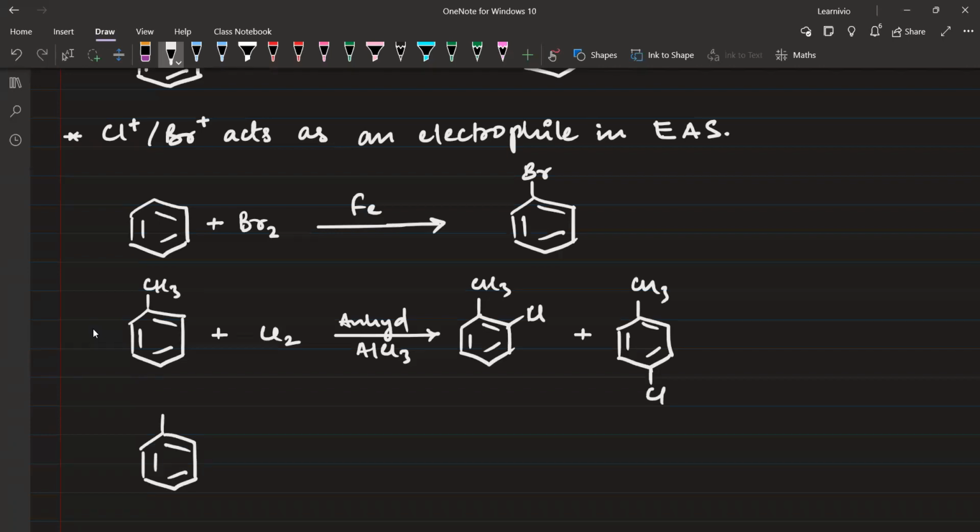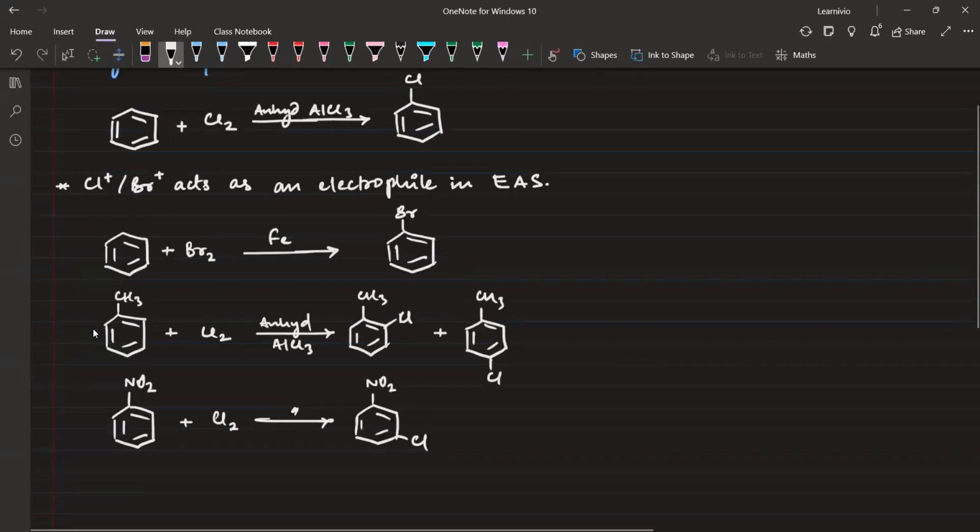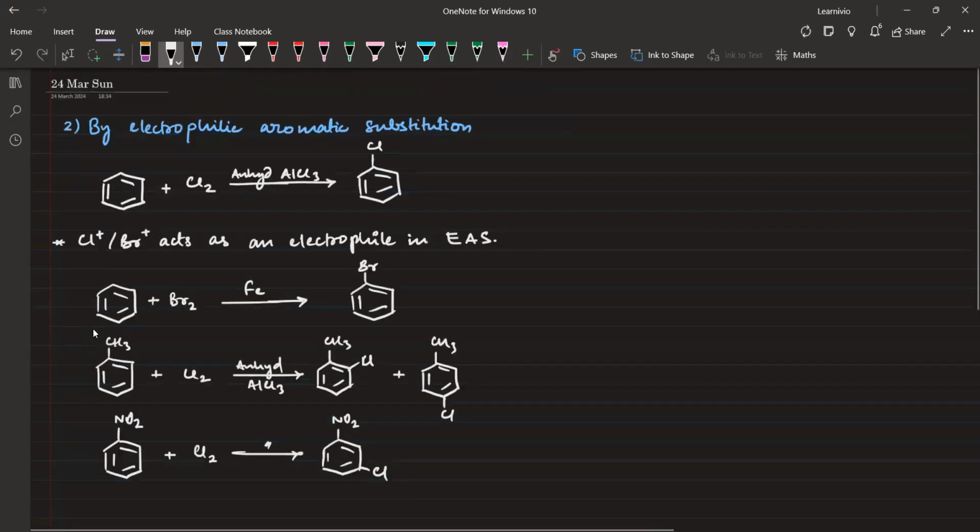One more thing. For example, if you have minus M groups such as NO2, then in this case, when you are doing chlorination, bromination, whatever, you are going to get chlorine in the meta position. Okay, check.